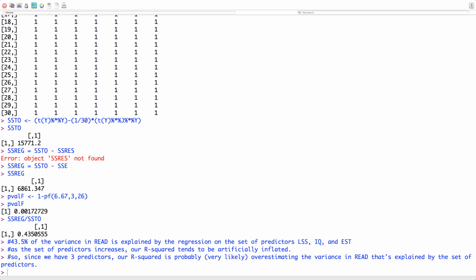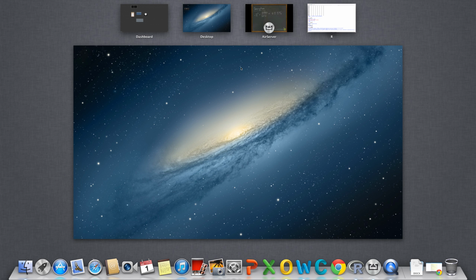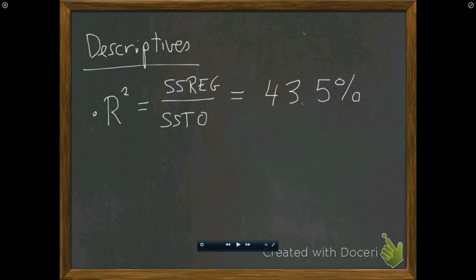So what we do there, and I'm going to scoot back over here to the air server, is we want to come in with what's called the adjusted R squared.